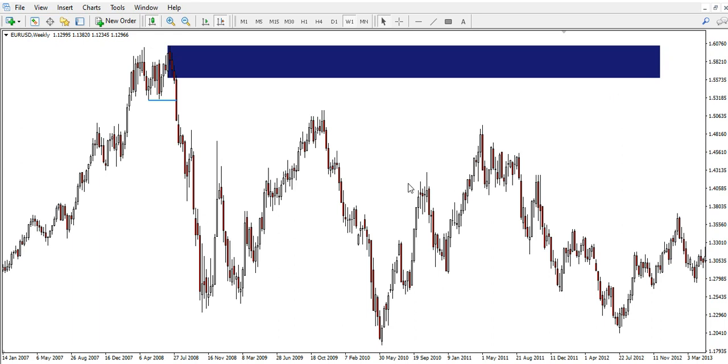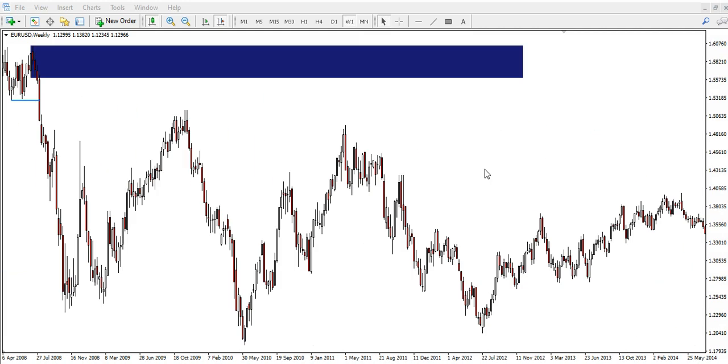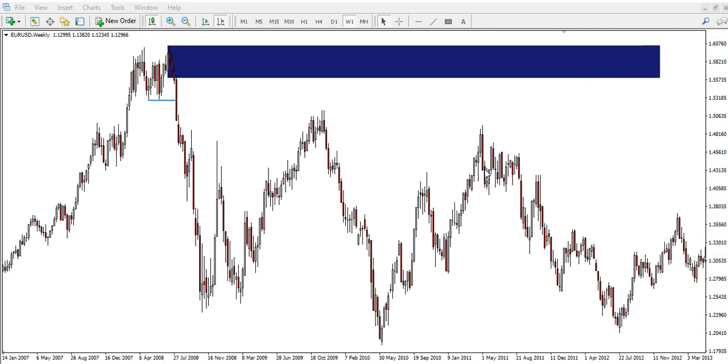But as we can see, price did not come to mitigate this order block here, and it also did not come to mitigate this order block here. So what then do we do if things are like that on weekly time frame? Now we have to do everything on weekly time frame.